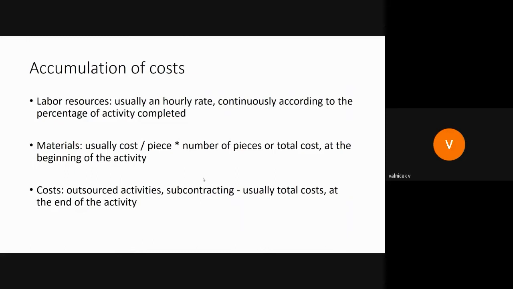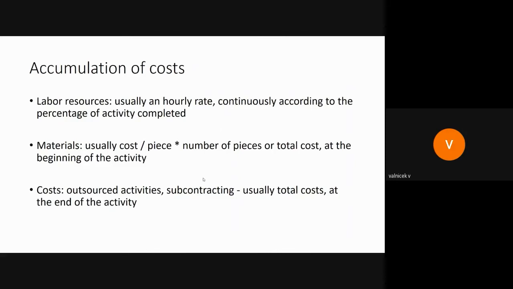Accumulation of costs. So the direct costs are really simple. It's the labor resources, which is usually an hourly rate, continuously according to the percentage of activity completed.